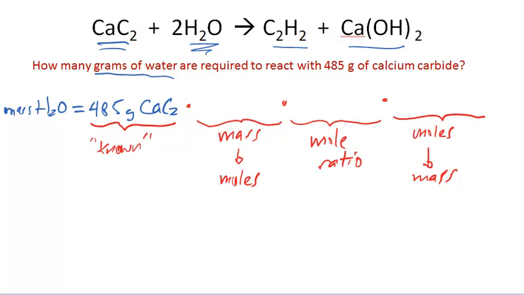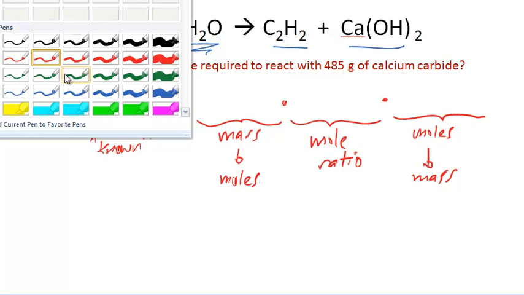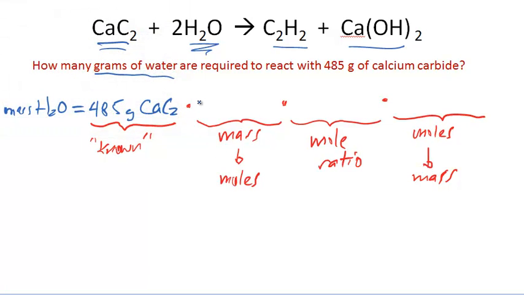All right, let me go back to the blue pen. All right, so we need to know the molar mass of calcium carbide, which is still 64.1 grams, and that's 1 mole. All right, and then over here, I'm going to skip this mole ratio, and I'm going to take care of the mole to mass conversion over here.